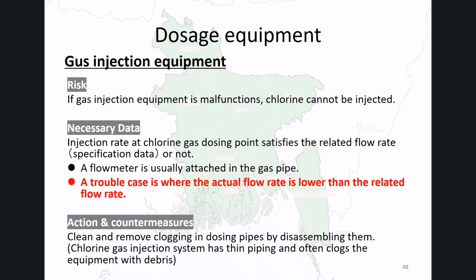As per the action and countermeasures, if the actual injection rate is lower than expected, the most common cause is clogging inside the dosing pipes. Chlorine gas systems use thin pipes that can easily become blocked. In this case, the equipment must be disassembled and cleaned. Removing these clogs restores proper chlorine injection.